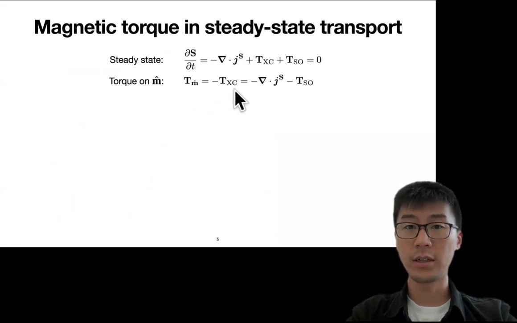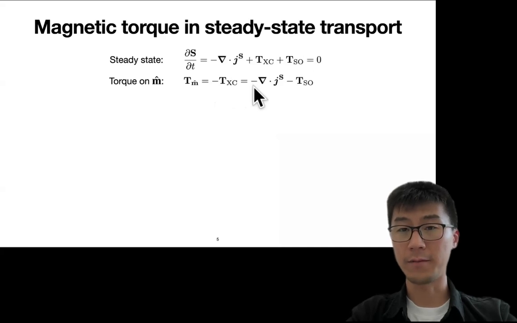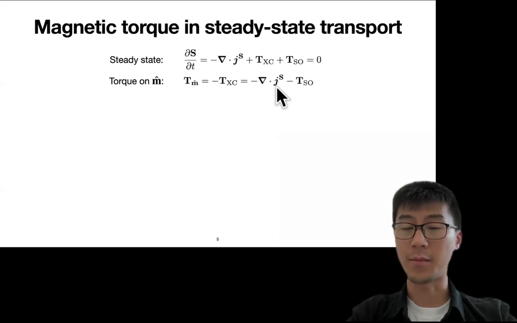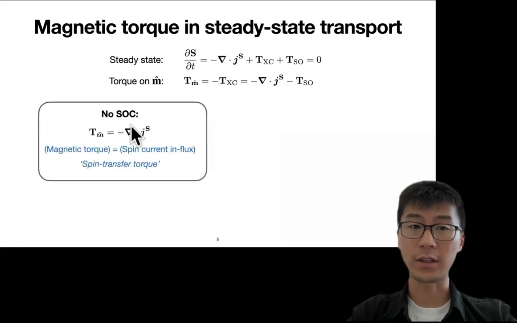Therefore, from the equation above, we get the relation that the torque on M is given by, first, the influx of spin angular momentum, and second, the spin orbital torque. If we consider first the case without spin-orbit interaction, the entire torque on M is given by the spin current influx. This is exactly the regime where spin transfer torque acts.